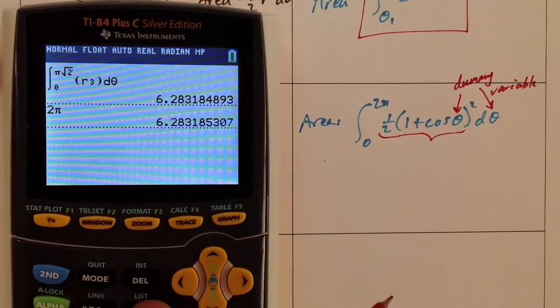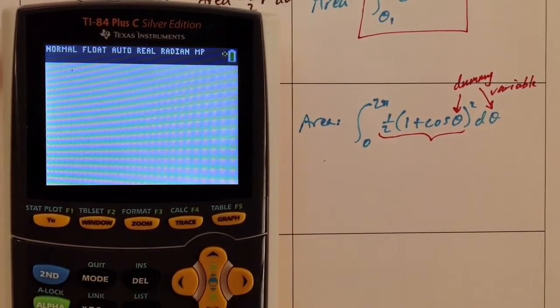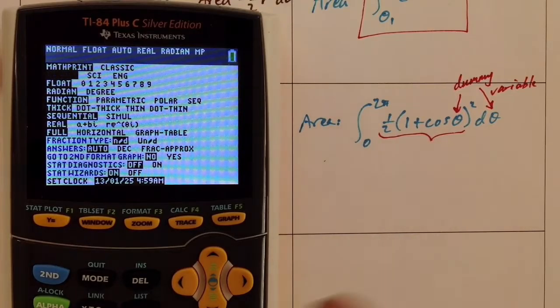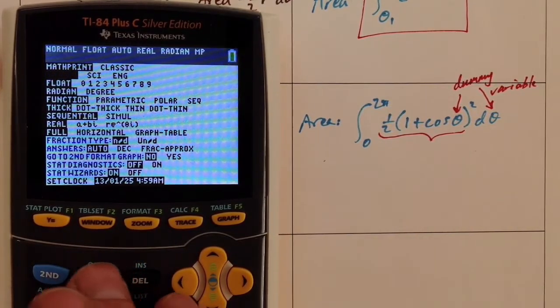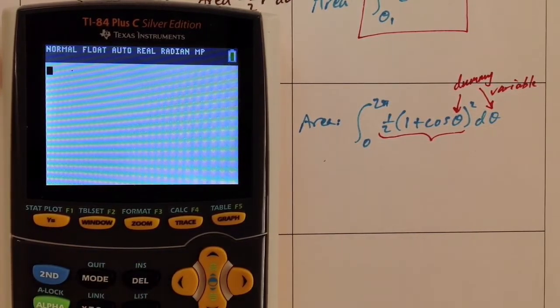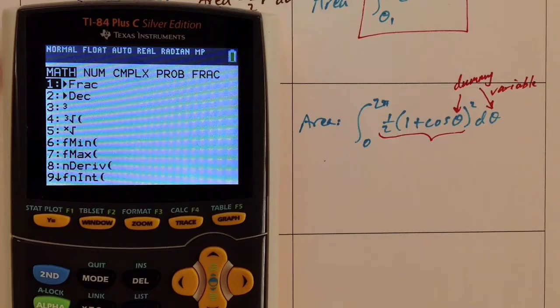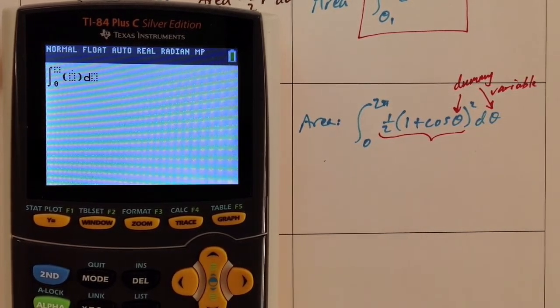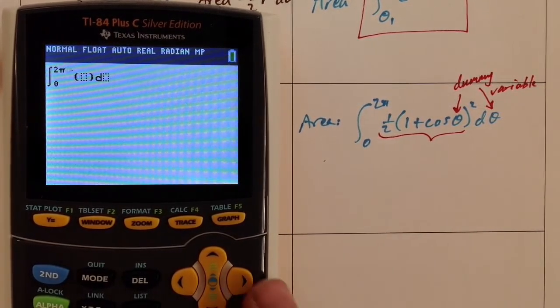And quit that. Now I'm going to double check and make sure I'm in radian mode. Yeah, I'm in radian mode. Anytime I'm dealing with anything in calculus, it's really going to be radian mode. So second, quit that. And now I can go ahead and press math 9. I'm going to integrate from 0 to 2 pi.